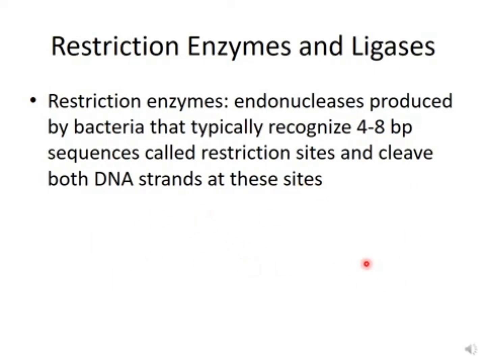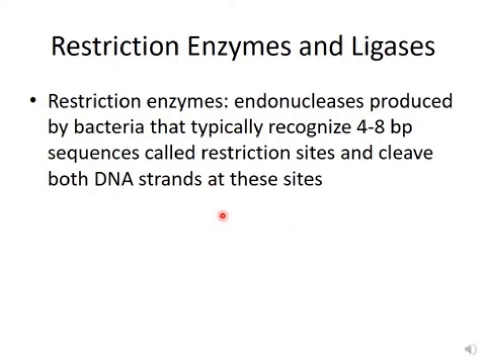If we know the sequence, we know what available restriction sites we have. So we look for a corresponding restriction enzyme. We add it to the DNA, and the restriction enzyme cuts out the sequence that we want.